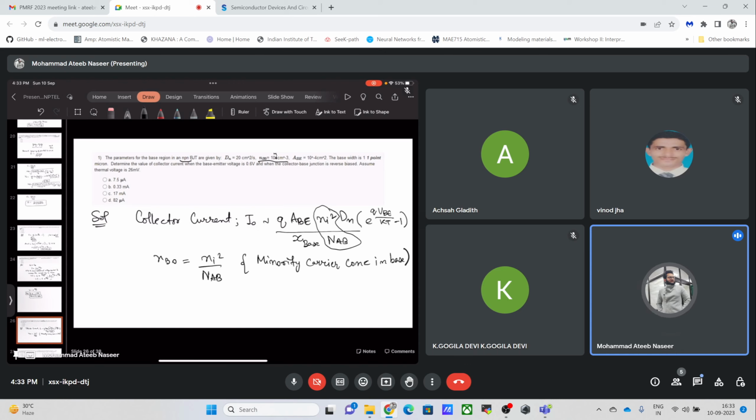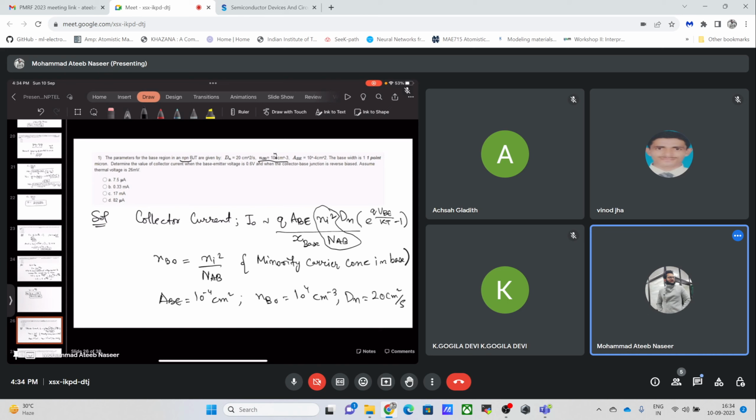If I now solve for this collector current, it is simply equal to Q times ABE, and let me first write down all the values that we need. ABE is 10 to the power of minus 4 centimeter square. NB naught is equal to 10 to the power of 4 per centimeter cube. Dn is equal to 20 centimeter square per second.